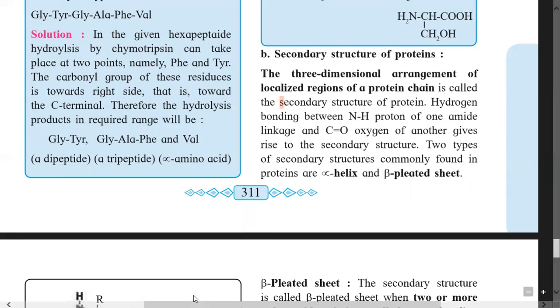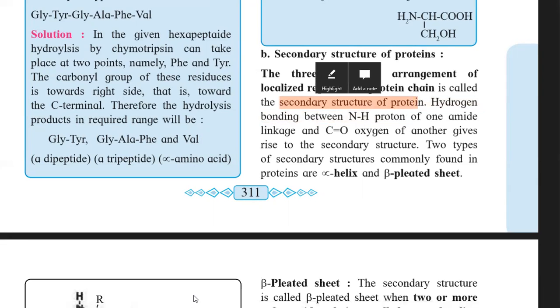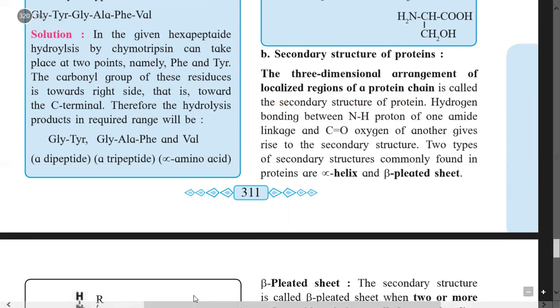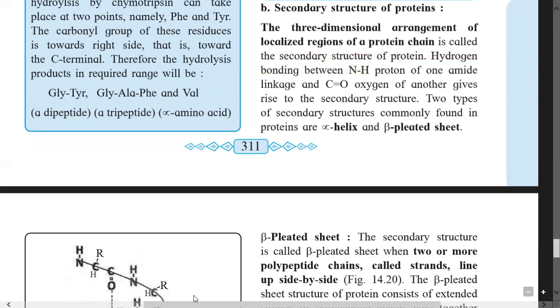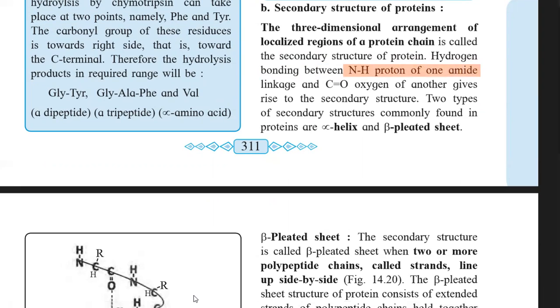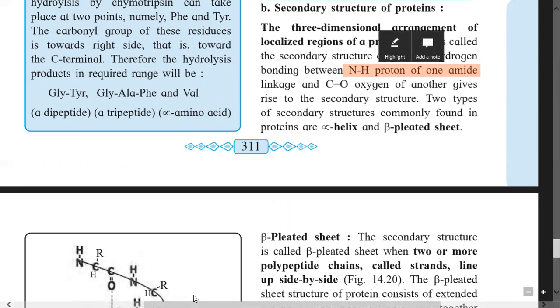This is called the secondary structure. Here the hydrogen bonding between the NH group of one amide and the C=O oxygen of another gives rise to the secondary structure.